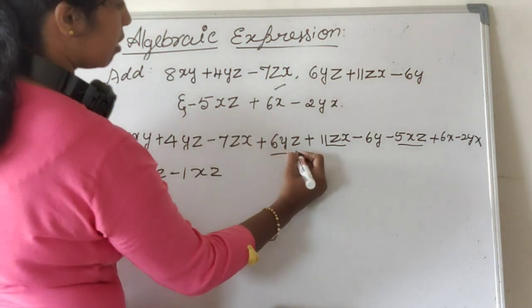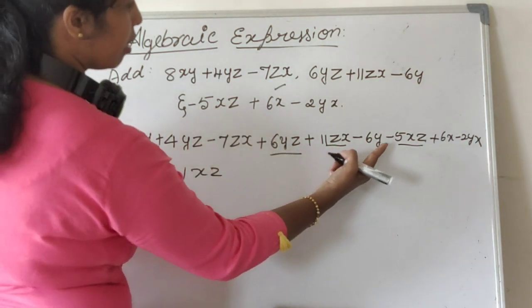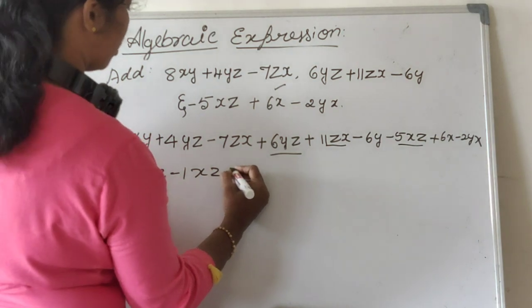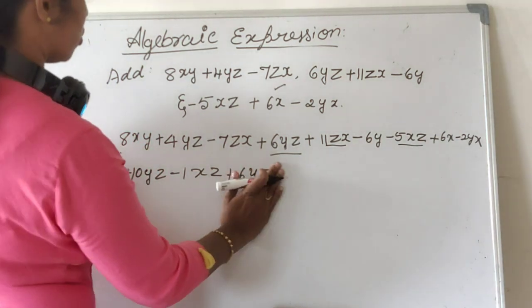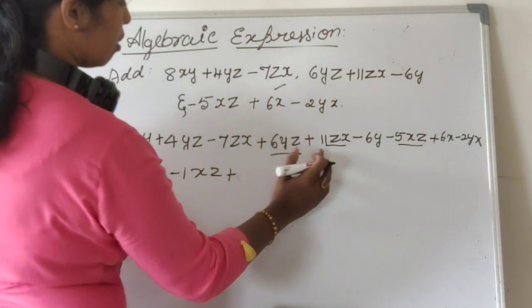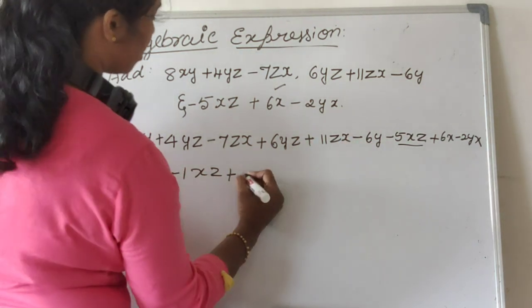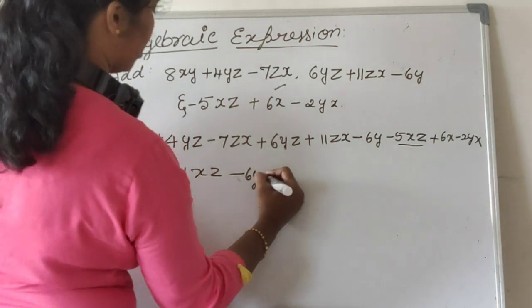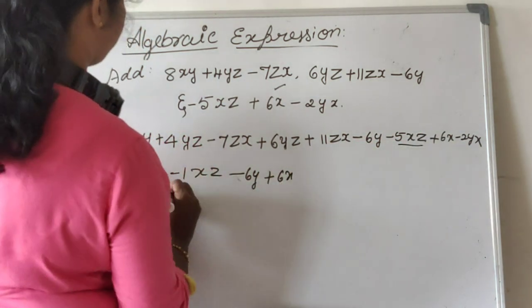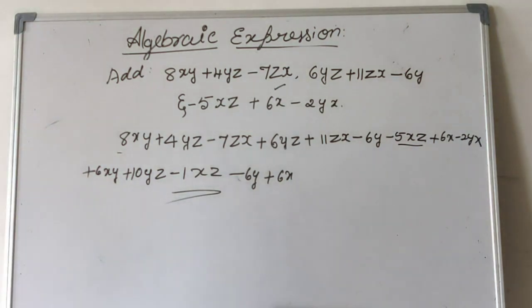Yz is there? Zy. No. So as it is 6yz. Now yz is over, that's why. Yz is finished, zx is finished. Meaning is minus 6y. Then plus 6y is remaining. 6x is remaining. This is the answer. Okay.